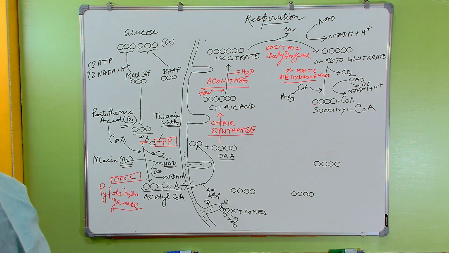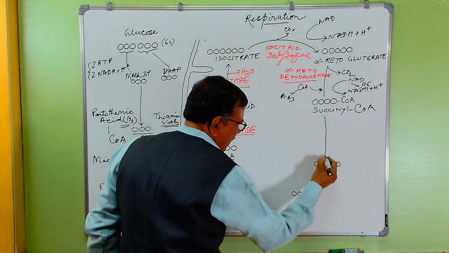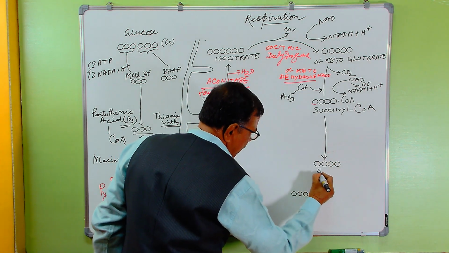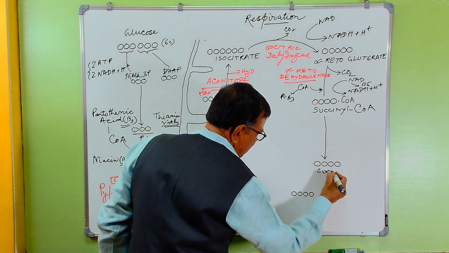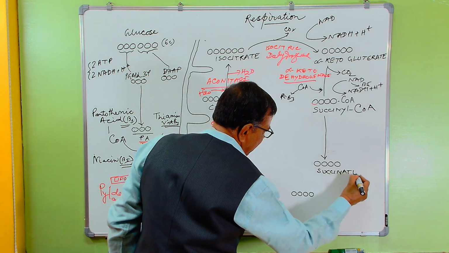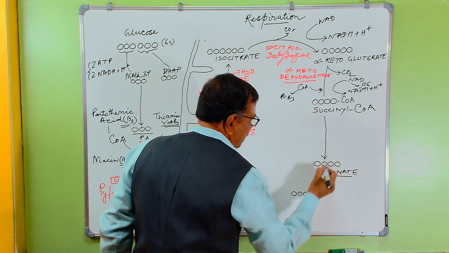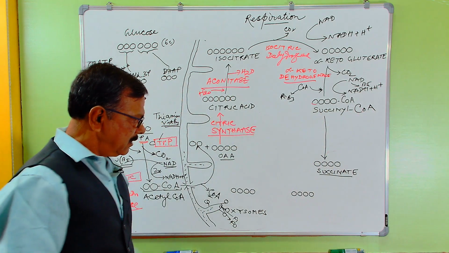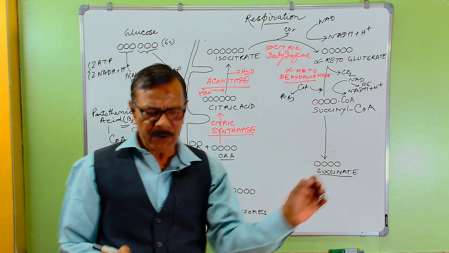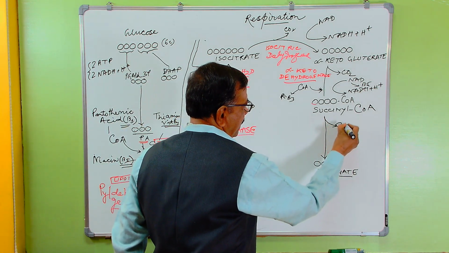Succinyl coenzyme A is converted to succinate, succinic acid. This is also 4, this is 4. So CoA will go out. Here there is no CoA; simply write it that way. CoA will go out.